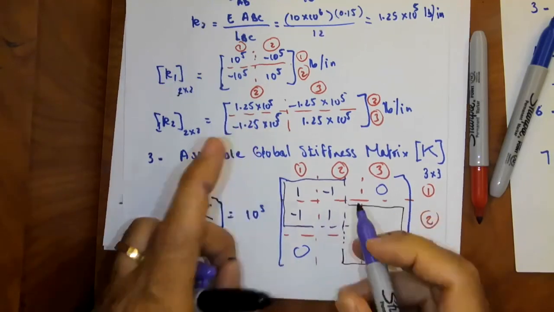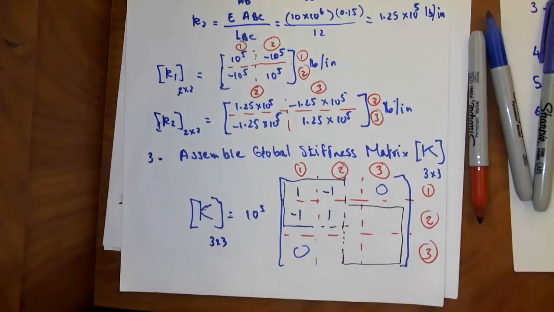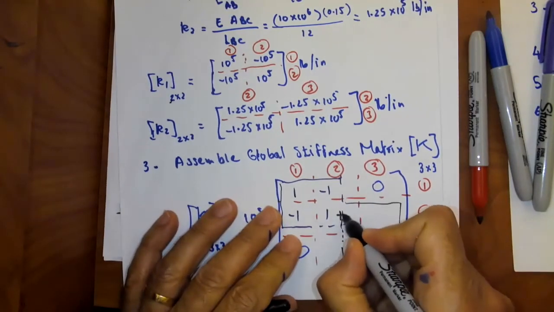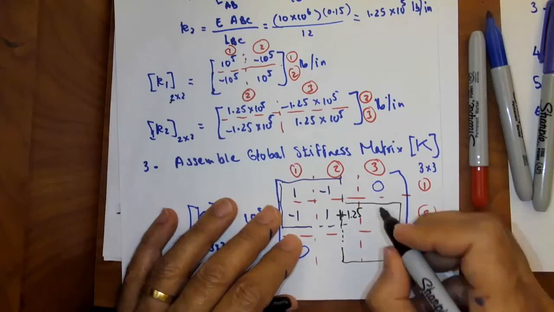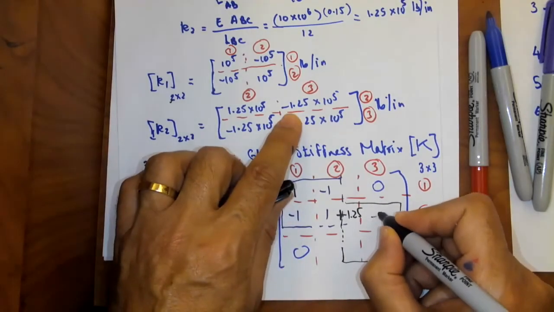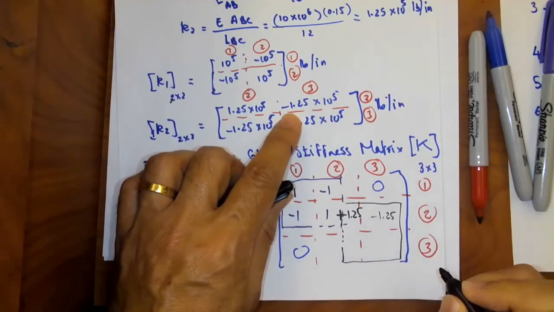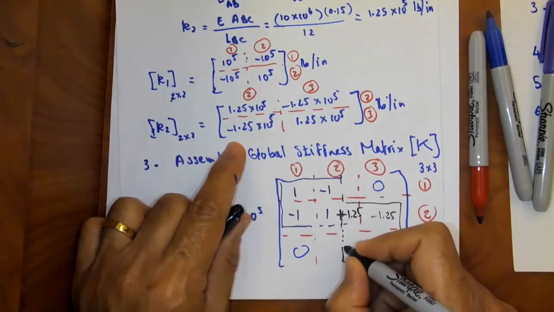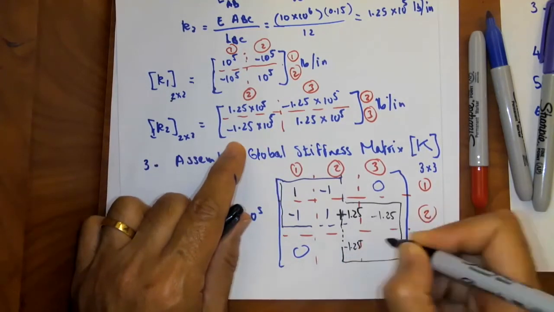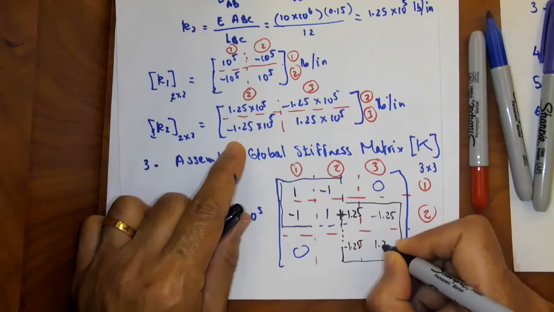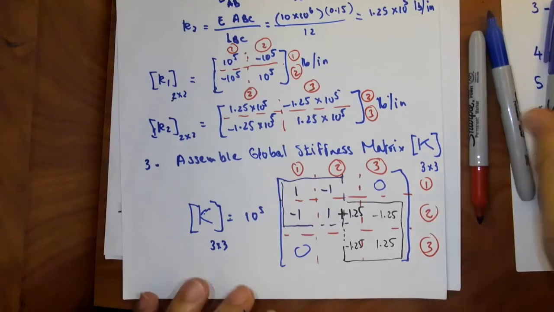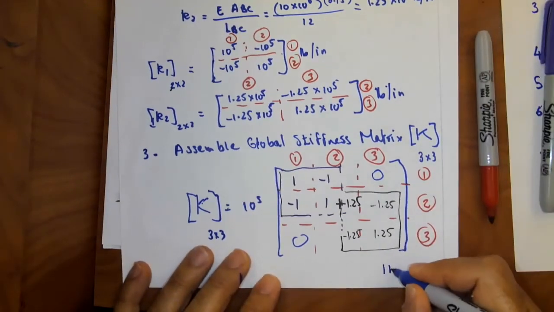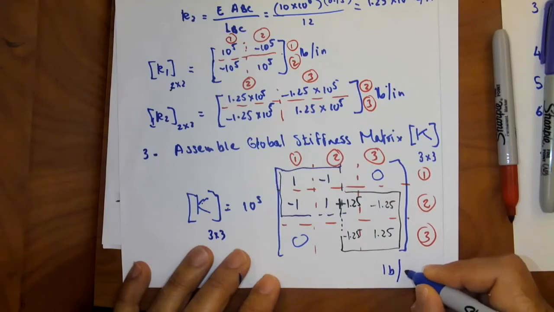So in addition to this one, I'm going to do a plus 1.25. Then here I have a minus 1.25. Here I have a minus 1.25. And here I have a plus 1.25. This is my global stiffness matrix. And this is also in pounds per inch.